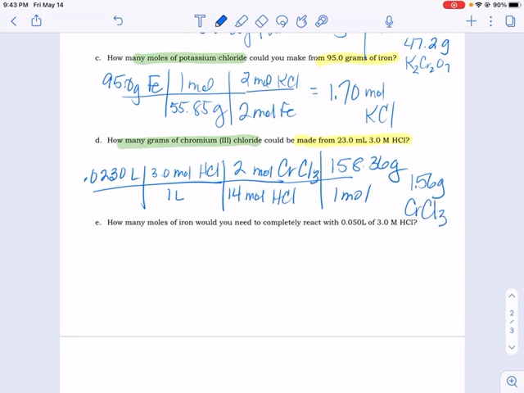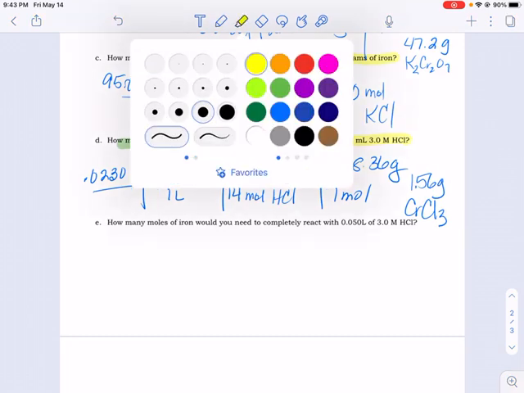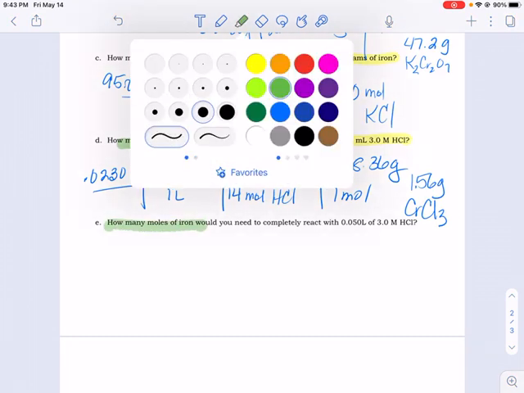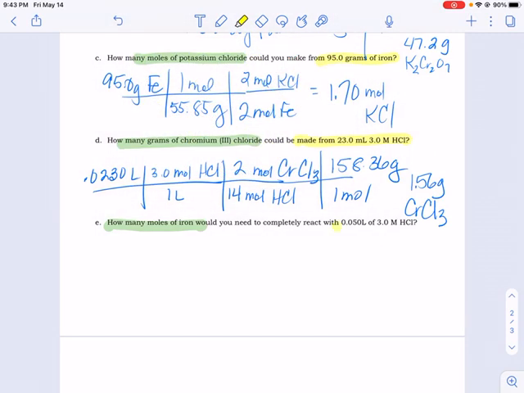Finally, it says how many moles of iron would you need to completely react with 50 milliliters, 0.050 liters, of 3 molar hydrochloric acid. So 0.050 liters times 3.0 moles in 1 liter.